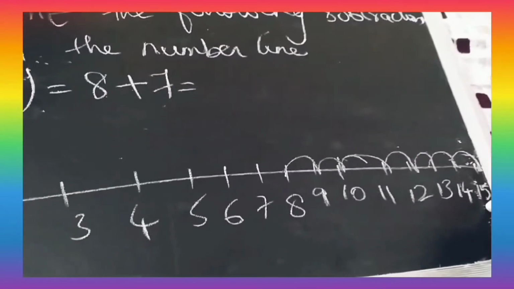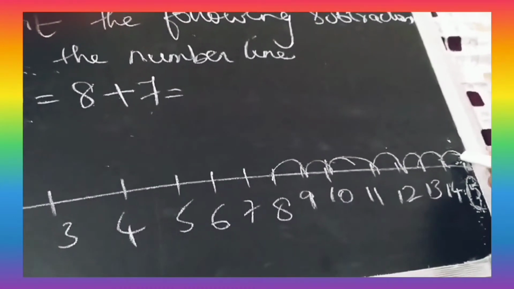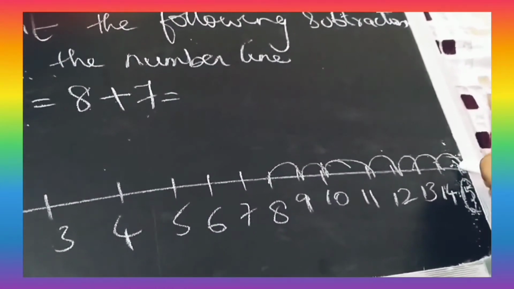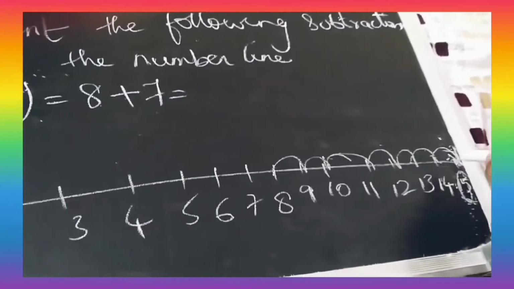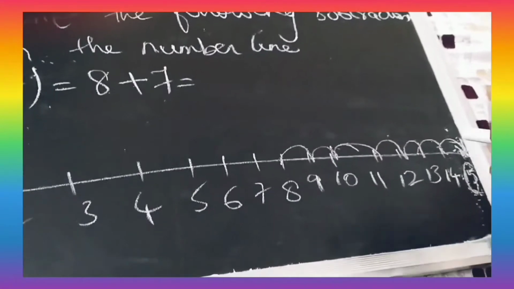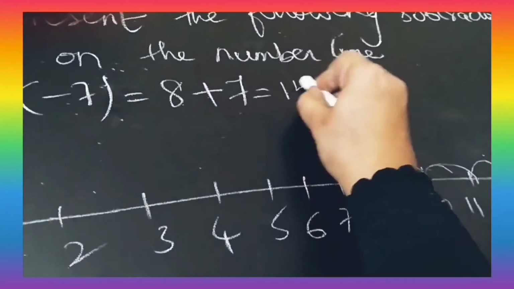So the answer is here 15. Which side you are moving, you have to draw an arrow like this. So the answer is 8 plus 7 is 15.